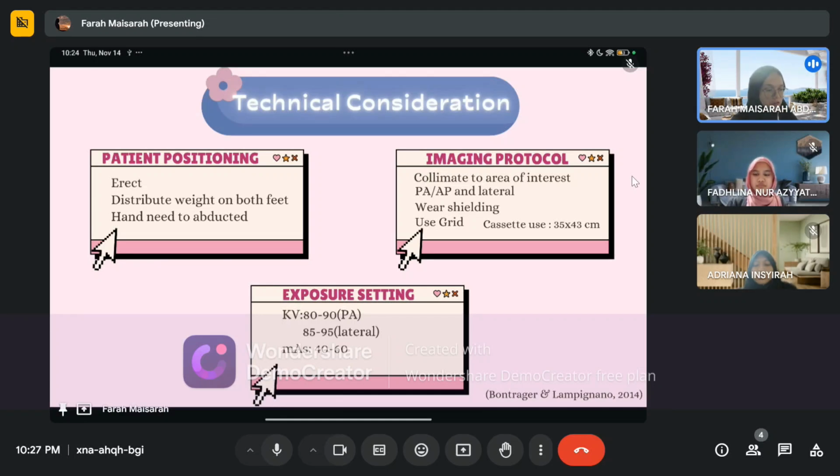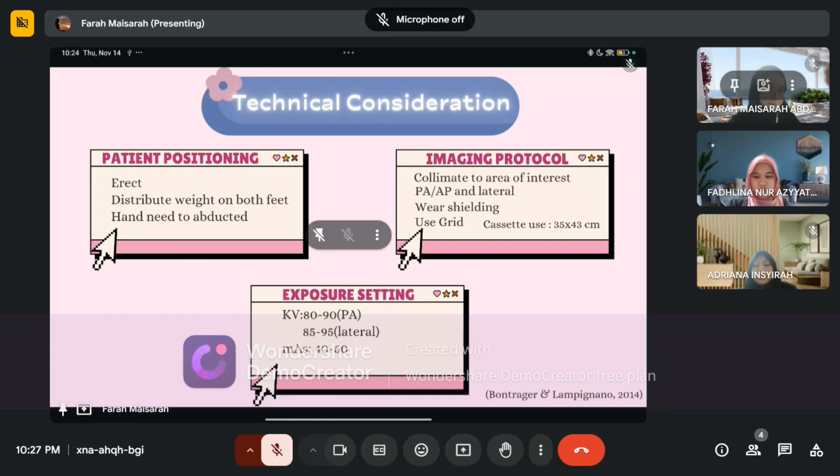Okay, before I summarize my presentation today, do you guys like to ask anything about scoliosis? Sorry, can I ask what percentage of the population is diagnosed with scoliosis?